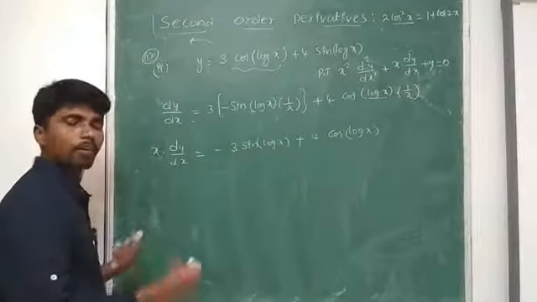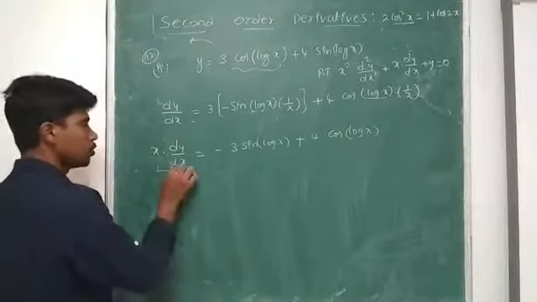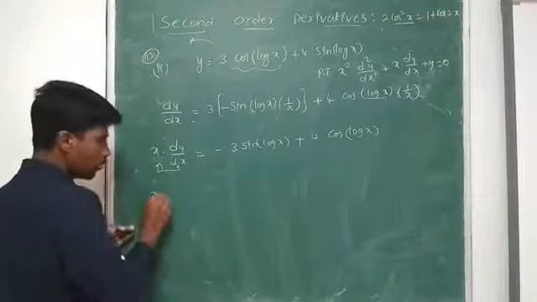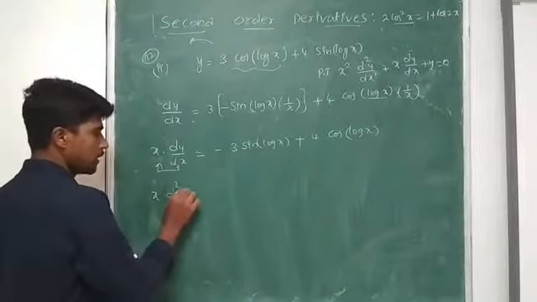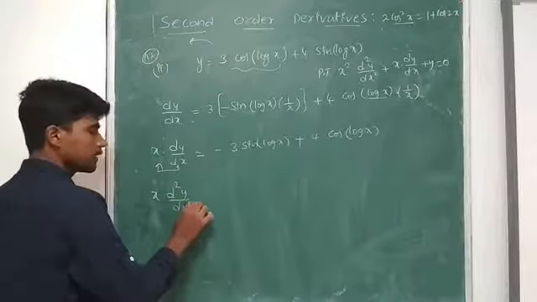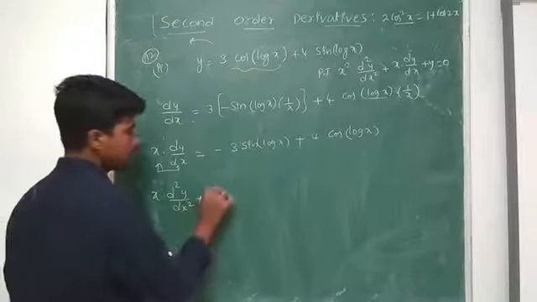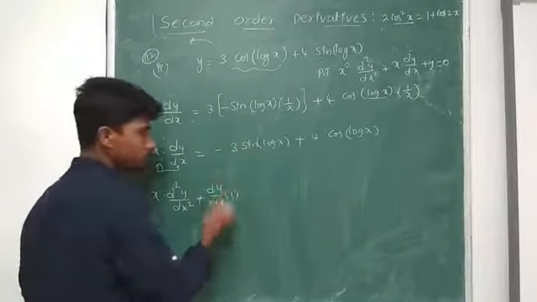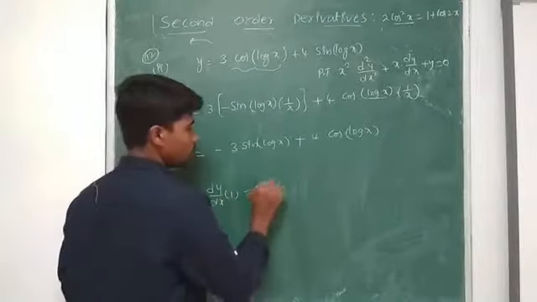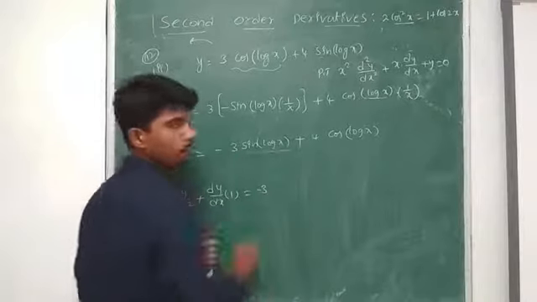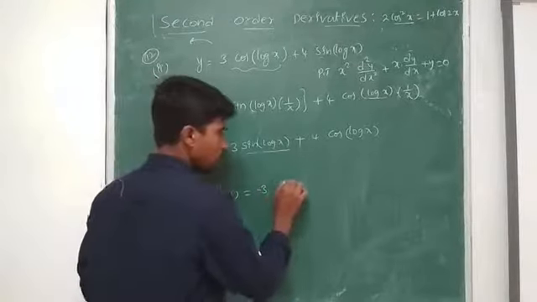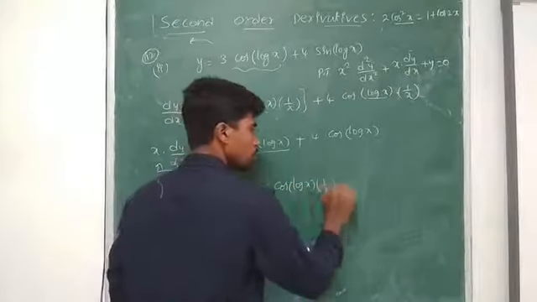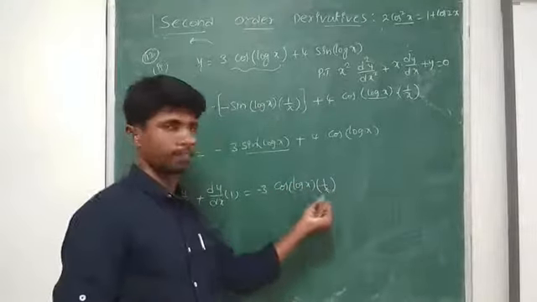Now again perform its differentiation. These two are looking like UV form. x into d2y by dx square plus dy by dx into 1, which is equal to minus 3 into sine of log x derivative cos log x into 1 by x. Why 1 by x? Log x derivative.